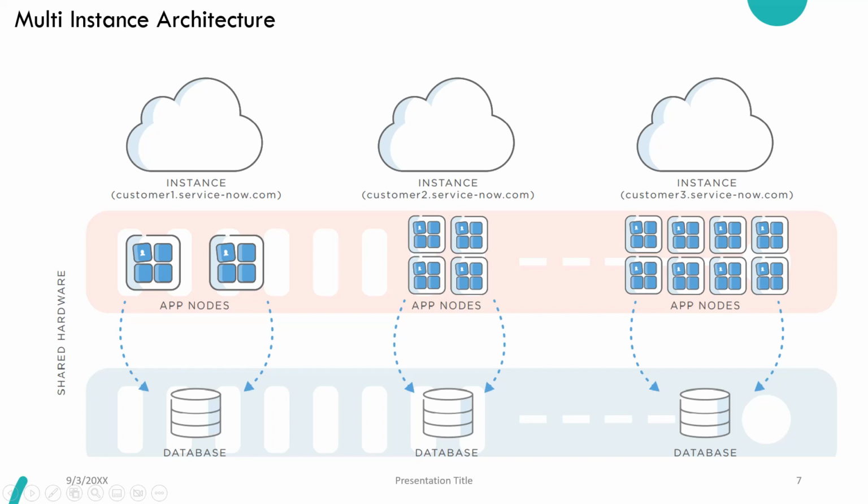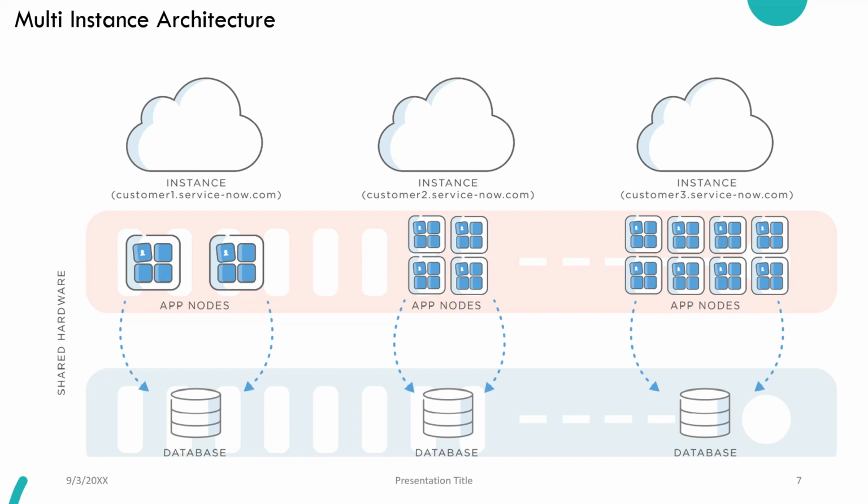Internally you have different app nodes. These app nodes work together to give you the best user experience. Then this is connected with the database. So for example, you have a huge organization with segregated businesses across the globe, across countries, and you want to focus on a particular area.